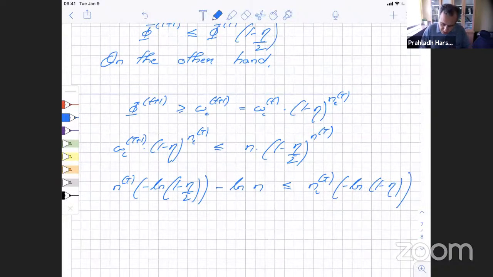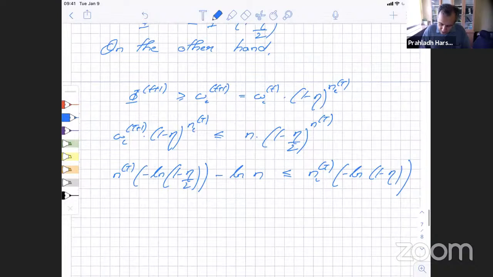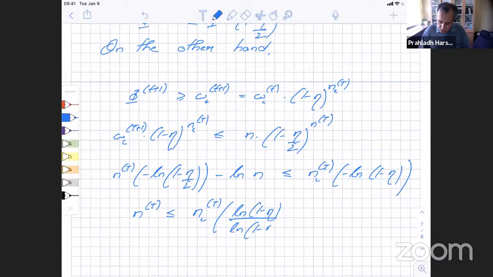So in particular, nt is less than or equal to nit into ln 1 minus eta by ln 1 minus eta by 2 plus ln n by minus ln 1 minus eta by 2.